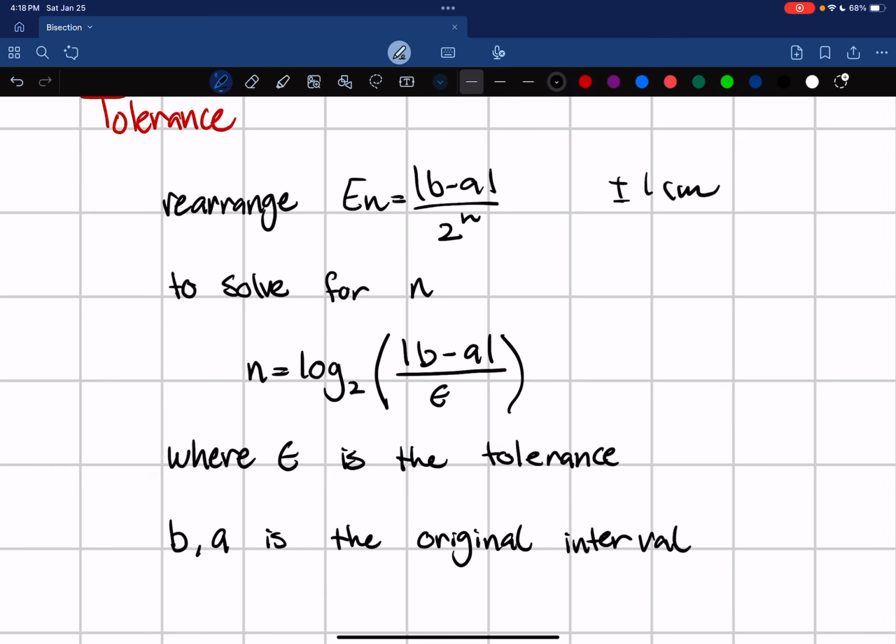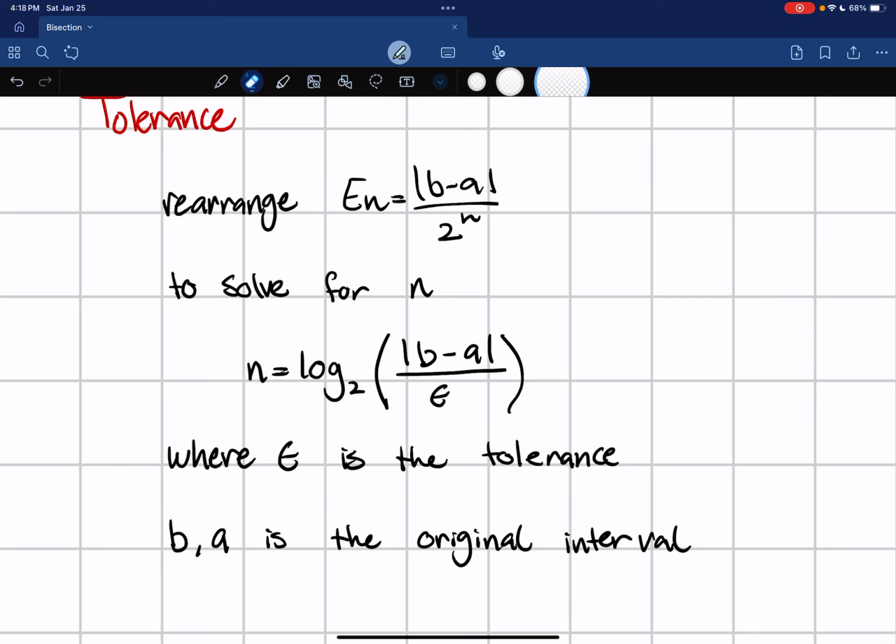So your tolerance is going to be 1 centimeter. So that's how you choose your tolerance. I'm trying to think if it depends on the function. It doesn't really depend on the function. It just depends on your application. It depends on, let's say, what the prof wants or how accurate you want it. Yeah, it doesn't really depend on anything else.